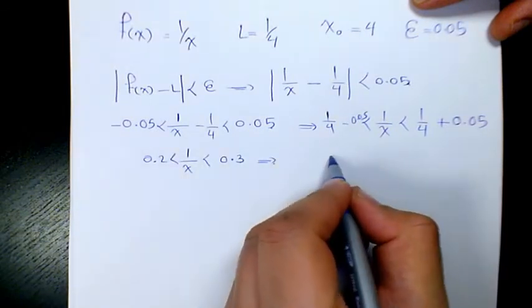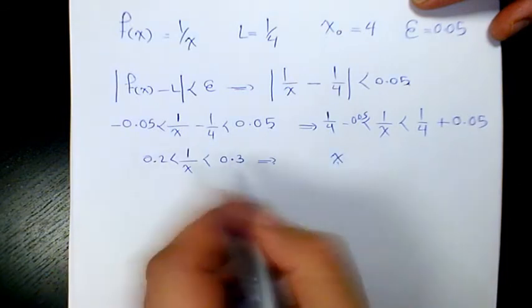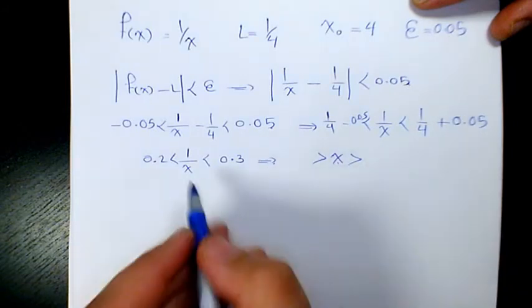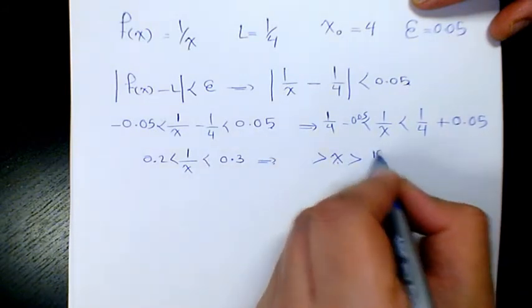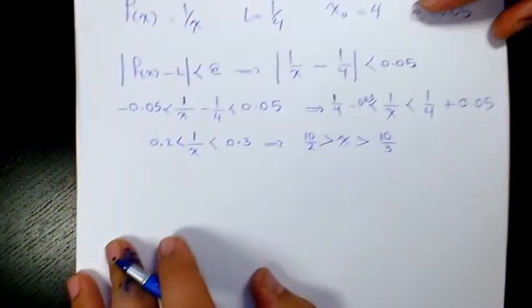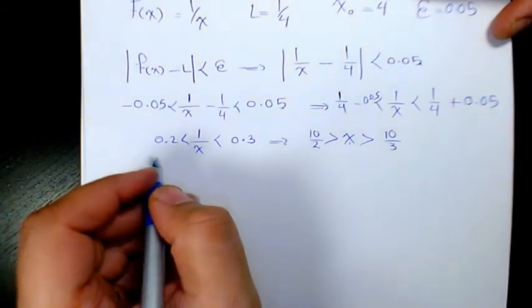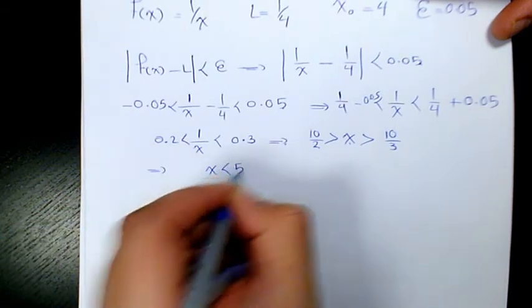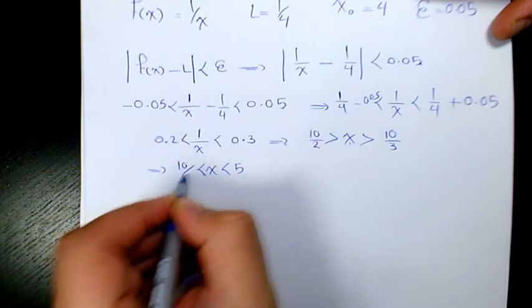So that's going to be x. When you inverse them, the direction of this inequality is going to change. So it's going to be 10 over 3, and here you have 10 over 2. So we can say that x is less than 5 and greater than 10 over 3.